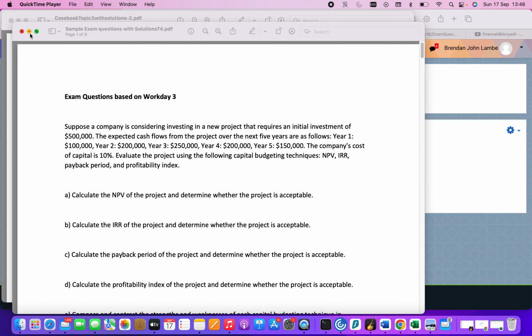The idea with much of the approaches here is that the value of a project is the present value of its projected future cash flows. So that's something that we emphasized quite a lot in the classroom. So let's go ahead and have a look at the kind of exam questions you could get for this topic.